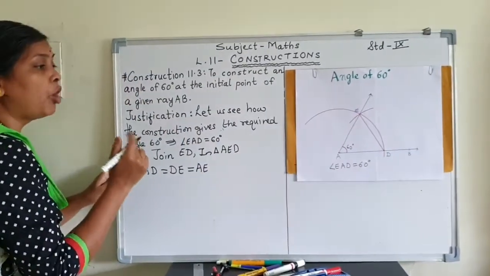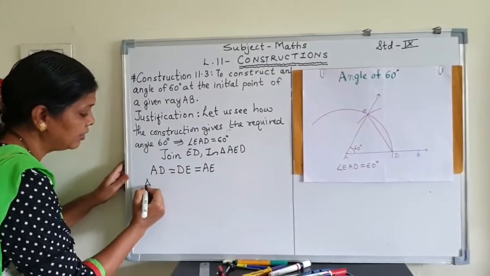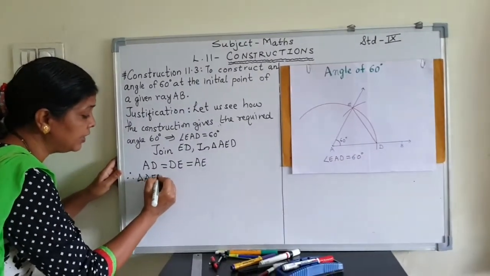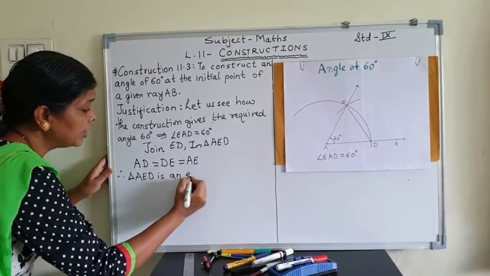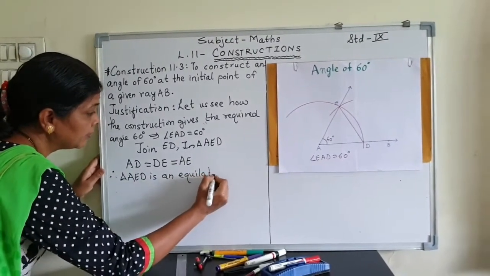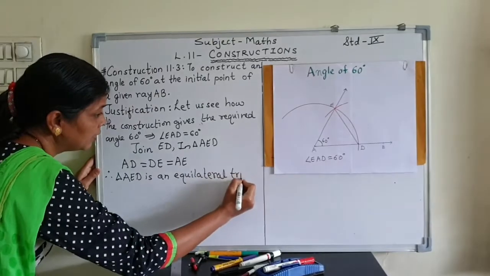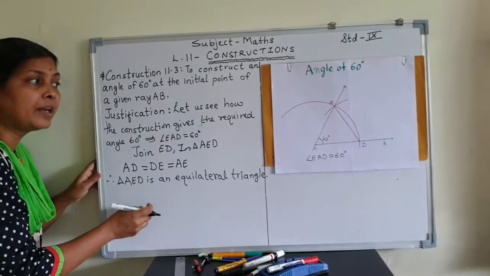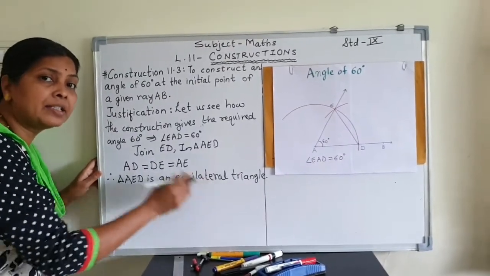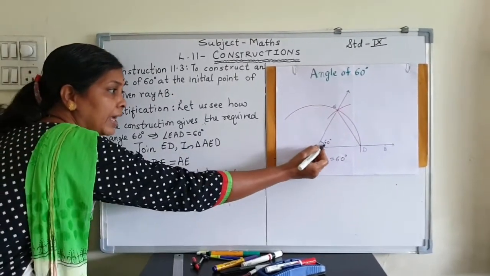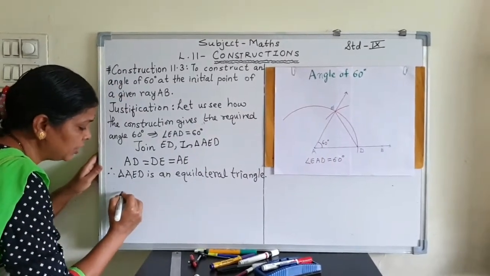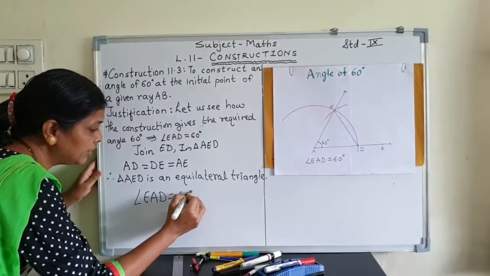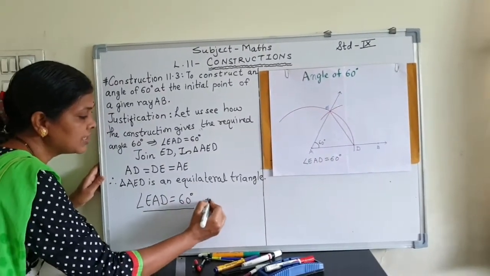Therefore we can say triangle AED is an equilateral triangle. You know that in an equilateral triangle all the angles are of 60 degree, and that's why this angle is also 60 degree. Hence we can prove that angle EAD is 60 degree. So it is justified.